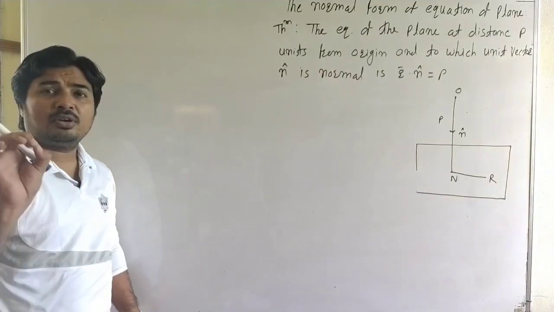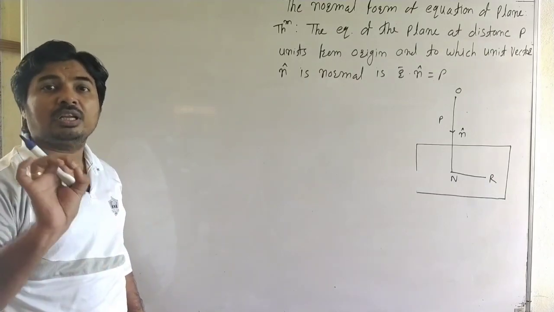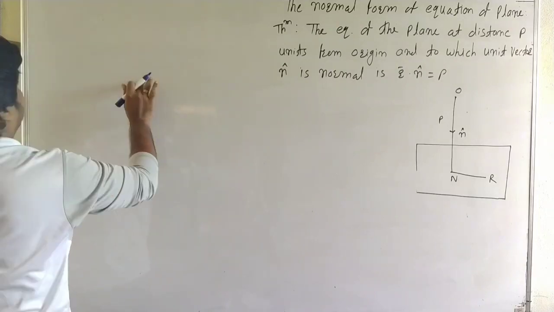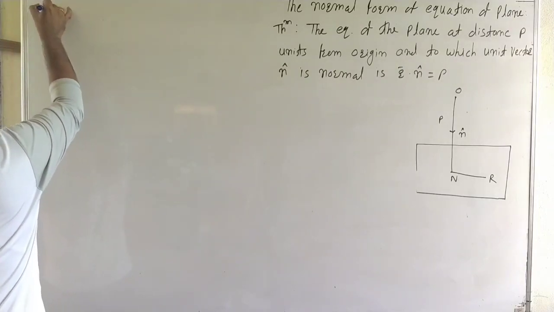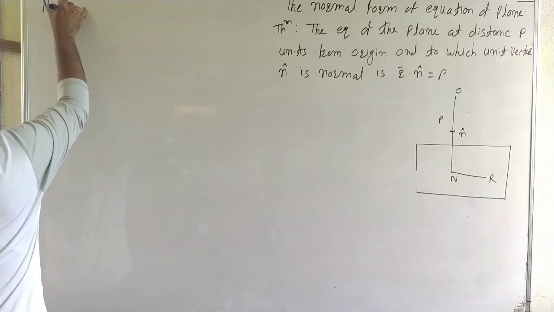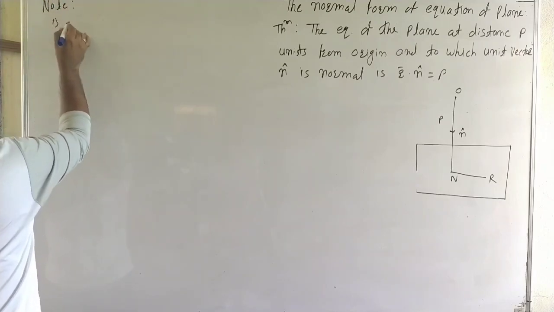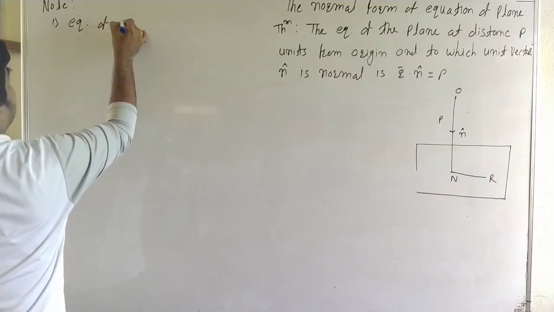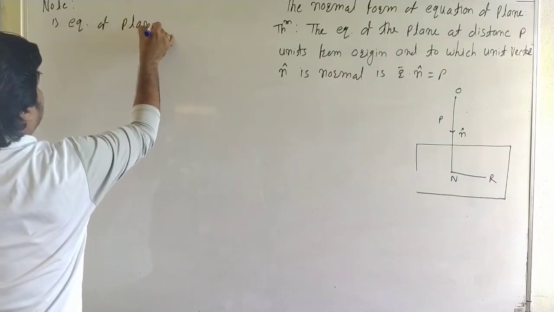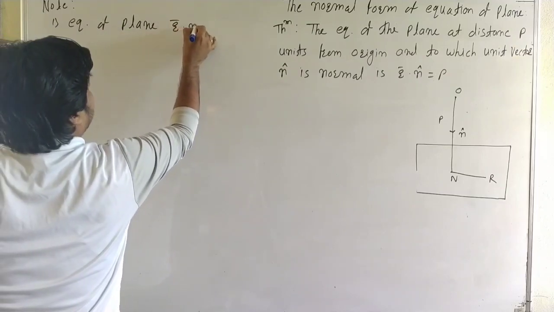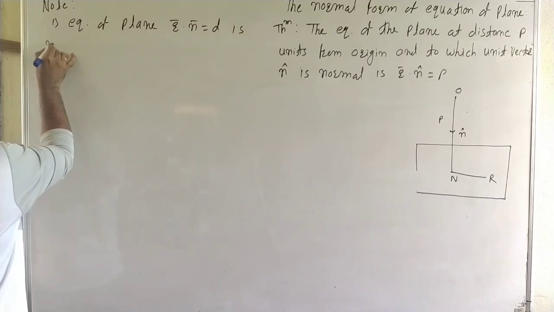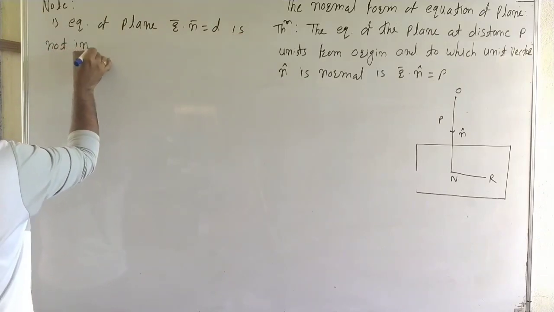Here we know that the equation of a plane is R bar dot N bar is equal to d. Here note some remarks. The equation of a plane R bar dot N bar is equal to d is not in normal form.